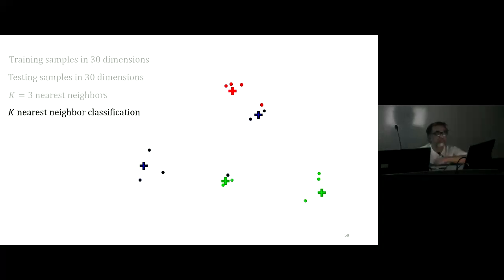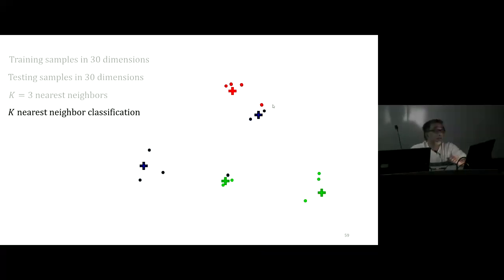Now suppose there are 2 blues and 1 red. Since there are 2 blues, the majority is blue, so this is classified as blue. Likewise, this is classified as green, although it has a blue neighbor among its k nearest neighbors. This one is quite far away from many stored training samples, but it's classified as green, and this is classified as blue.